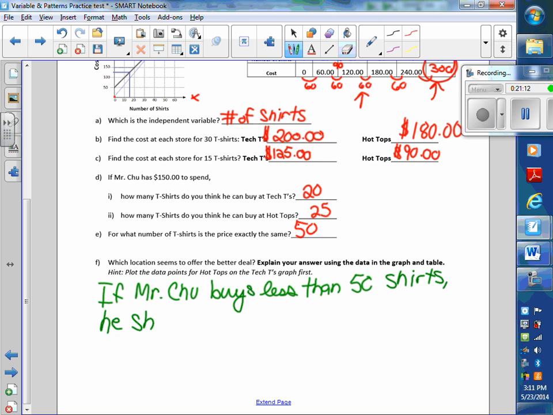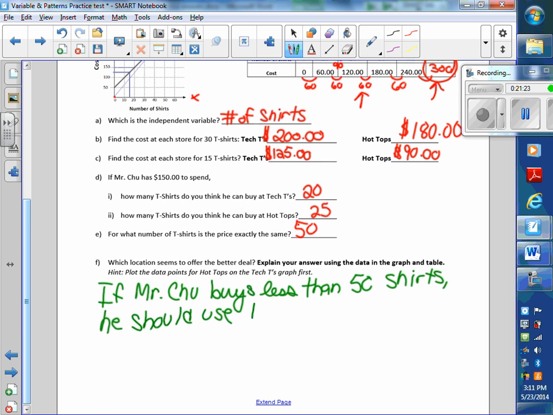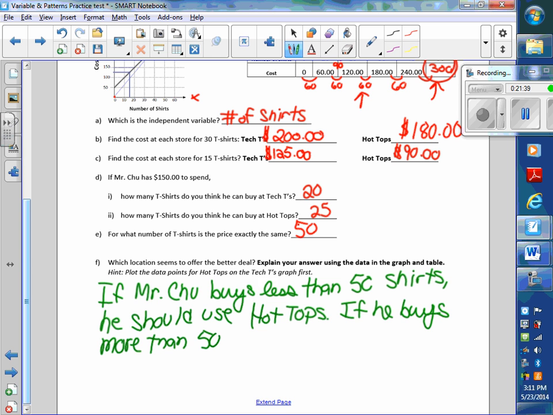He should use Hot Tops, right? If he buys more than 50 shirts, he should use Tech Tees.